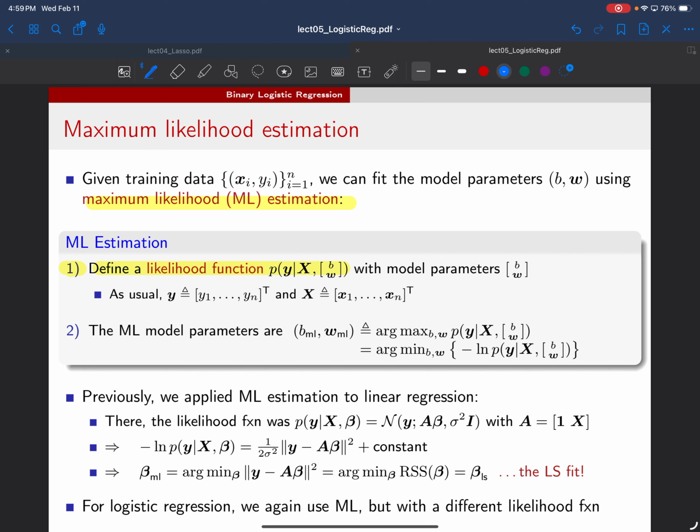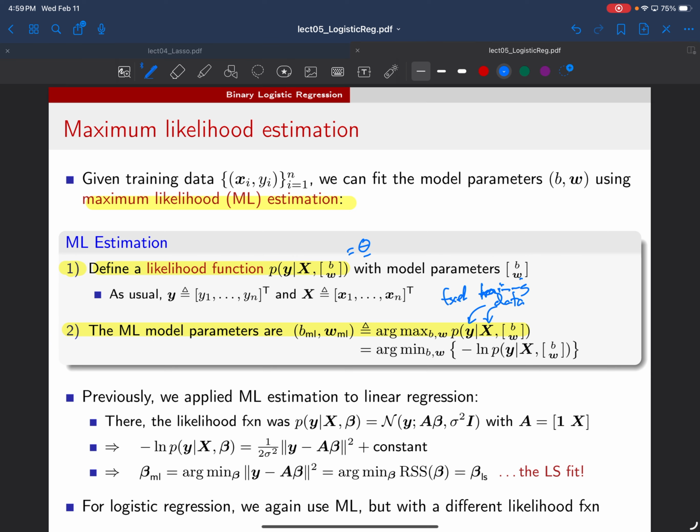We have previously called those theta. And once we know that model, we just find, for fixed training data y and x, the b and the w to maximize this likelihood.